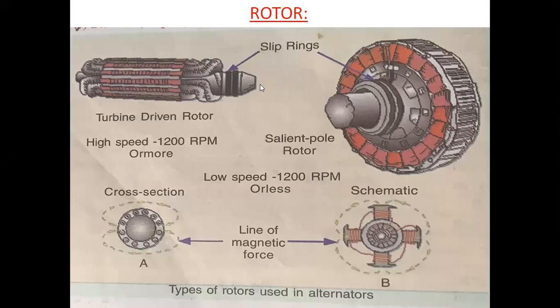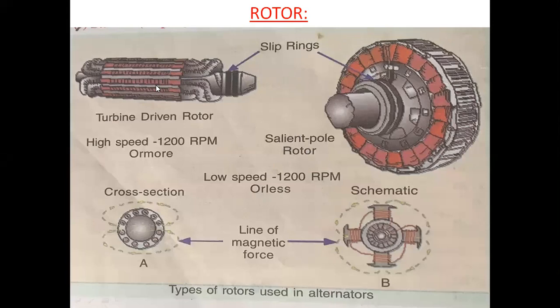If you take heavy diameters, what happens? It may get damaged. So the rotor consists of a smooth solid steel cylinder, that is, poles are not projected outwards.